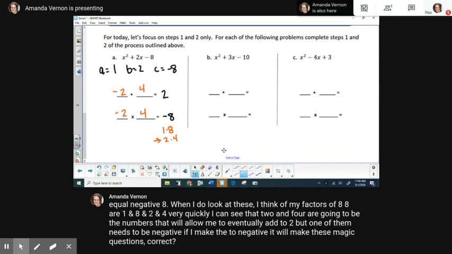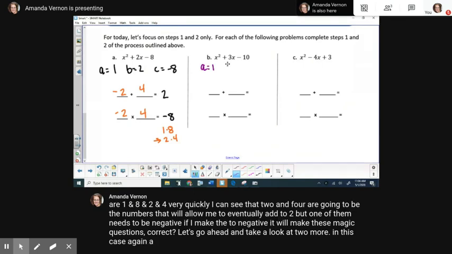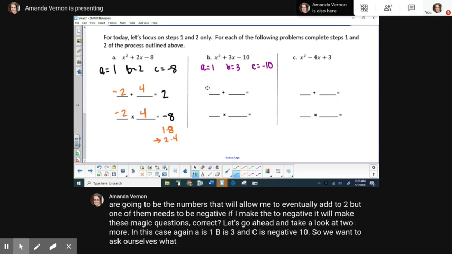Let's go ahead and take a look at 2 more. In this case, again, a is 1, b is 3, and c is negative 10. So we want to ask ourselves what adds to equal 3 and multiplies to equal negative 10.